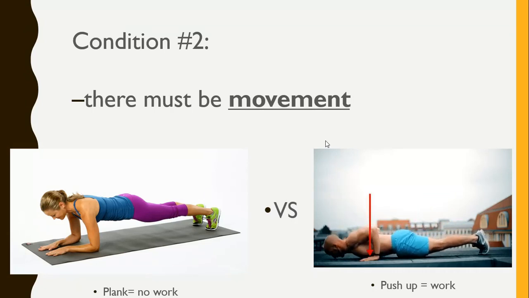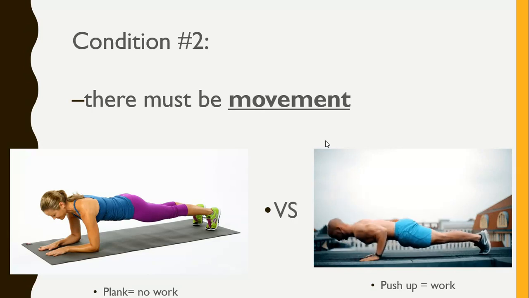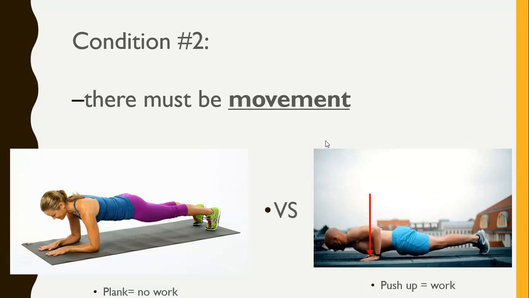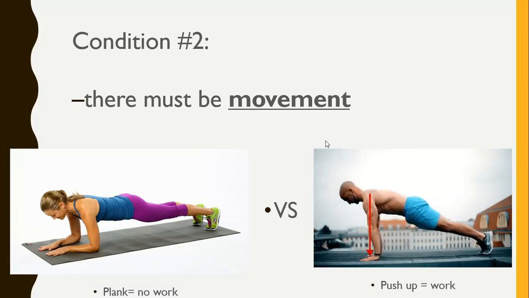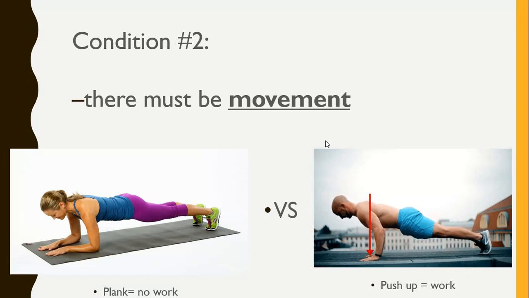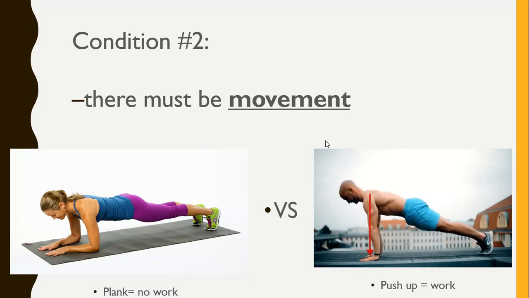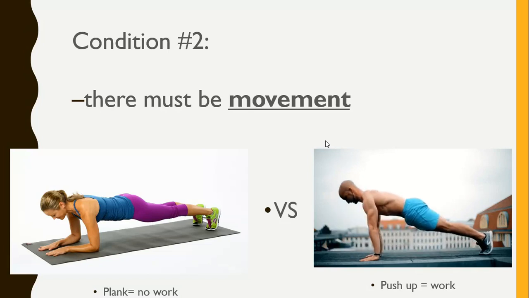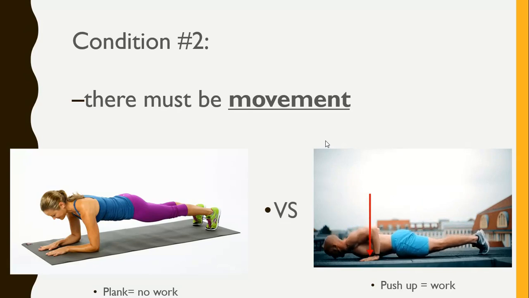So again, this kind of illustrates the difference between how we talk about certain things in a physics context and how we talk about things in the real world. If you've ever done a plank, you're doing work, right? It takes a lot of energy. You know, you hold that plank and you start to shake, and for sure you're doing work, aren't you? Well, not in a physics context, okay? In order to do work in physics, there has to be movement.